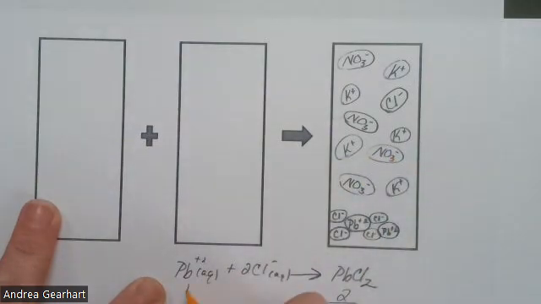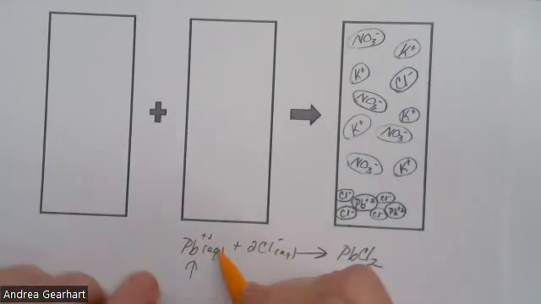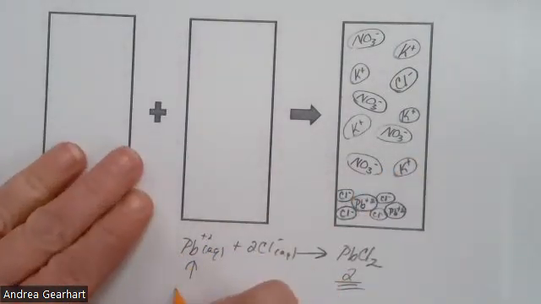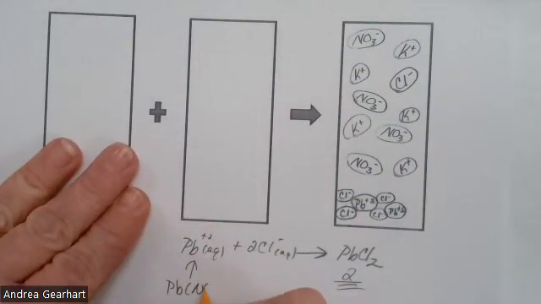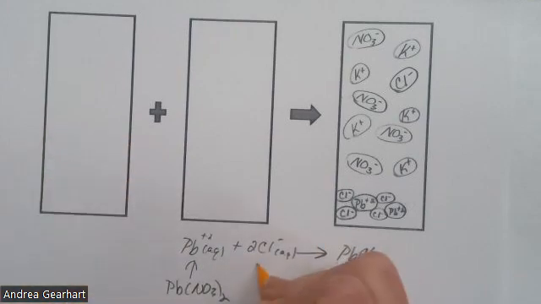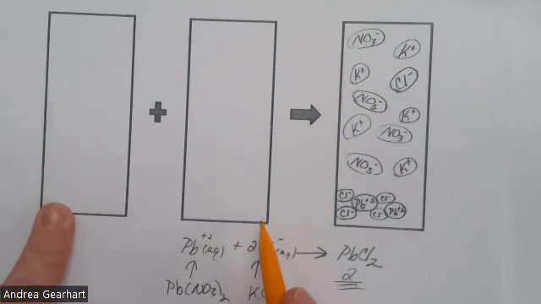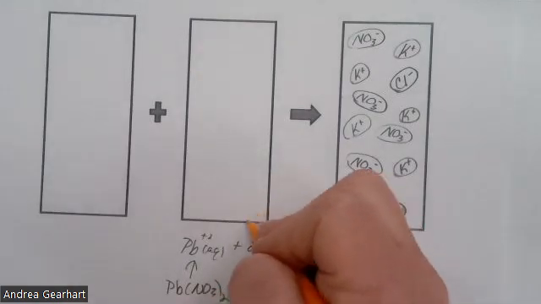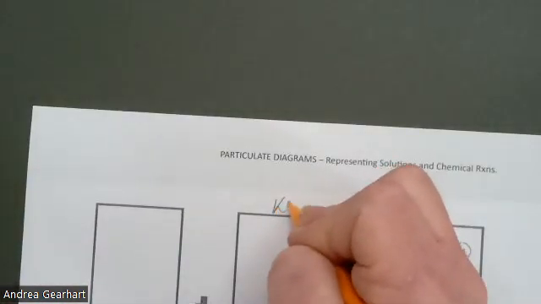And the lead ion must have been originally dissociated from nitrate, and the chloride was delivered with potassium. So, doesn't matter what you put where, this would have begun as a solution of KCl, and this would have begun as a solution of Pb(NO3)2.